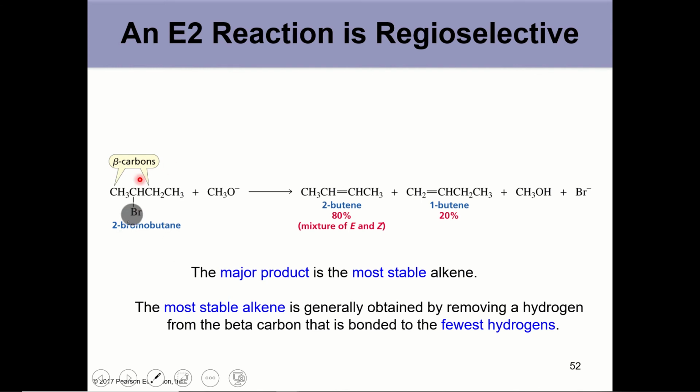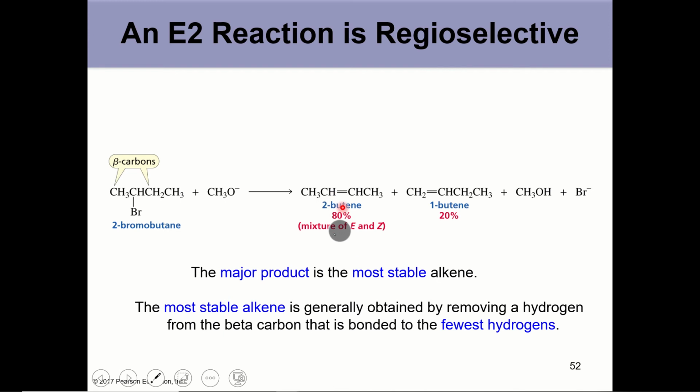Showing 2-bromobutane, there are 2 beta carbons, and both have hydrogens that can be removed. We make 2 products, 2-butene and 1-butene. 2-butene is made at 80%, as a mixture of E and Z, and 1-butene is made at 20%. The major product is always the most stable alkene.